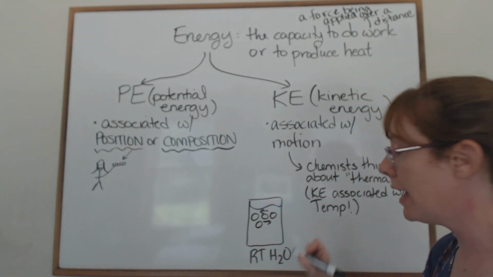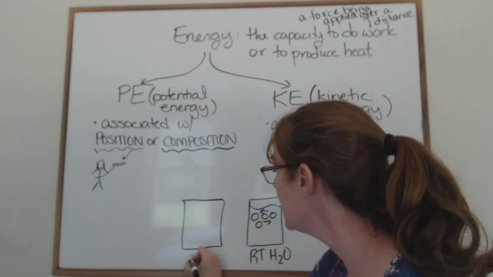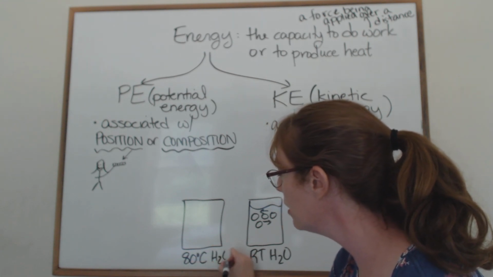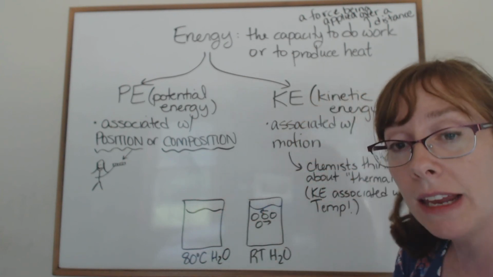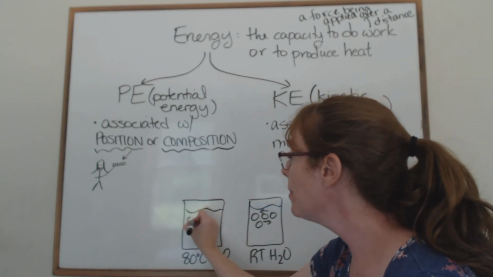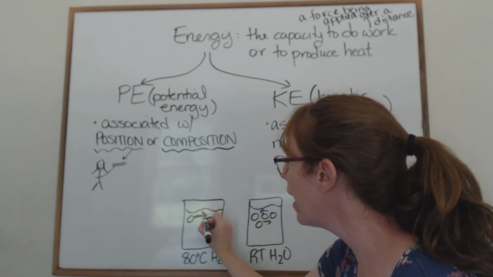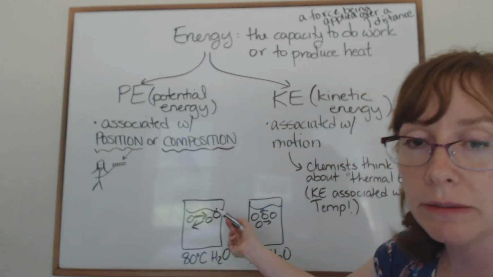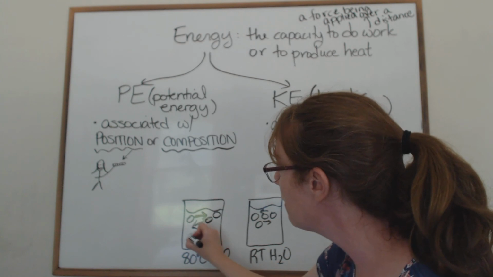They're sliding past each other and they're moving. If you heat that water up to, let's just say, 80 degrees C water, I'm not going to boil it because that will complicate things a little bit. But let's say I heat it up. What happens is that they are moving faster. And most people know that. I don't know how to write that with the arrows, but the molecules move faster.